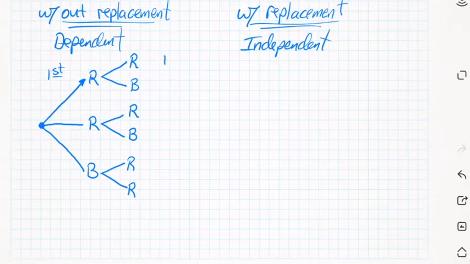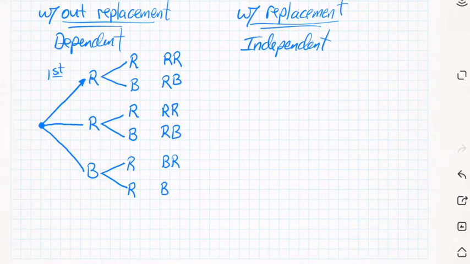So the outcomes is you either get a red red, a red blue, a red red, a red blue, a blue red, and a blue red. Okay. So that would be the without replacement. We take it off to the side and we change our probabilities.